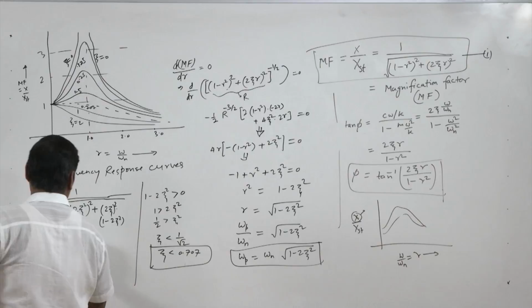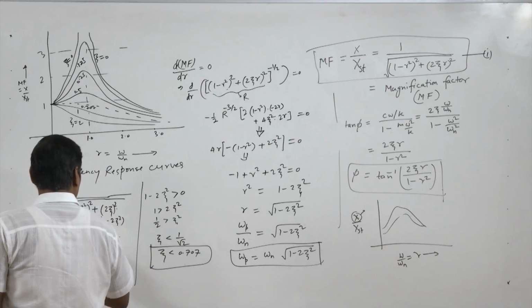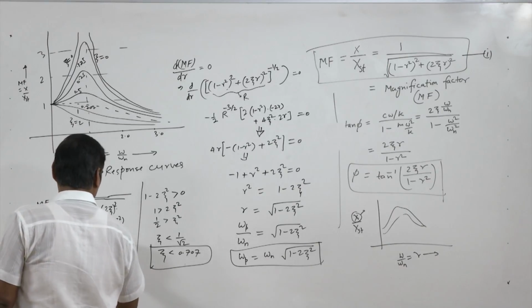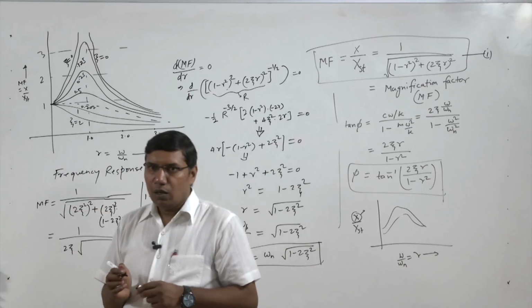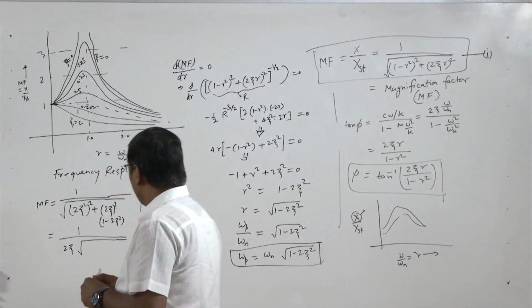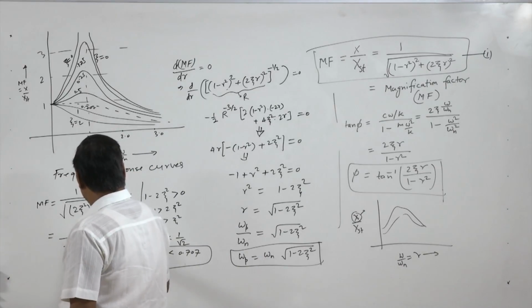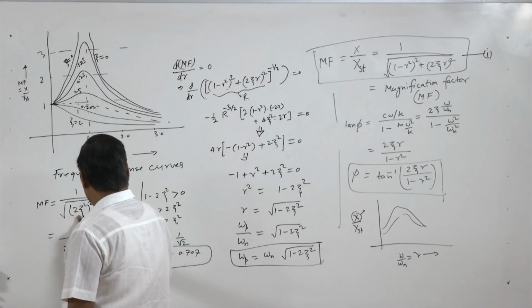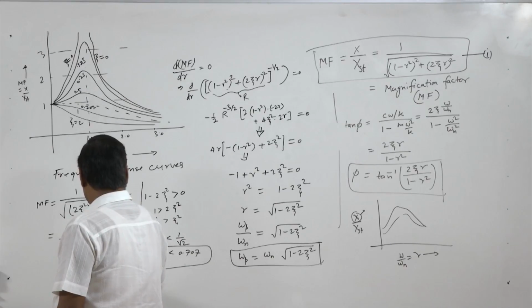So here we can solve it. 2 zeta whole square we can take outside under root. We can take 2 zeta outside here, and this is zeta.